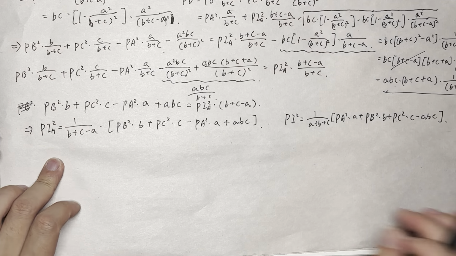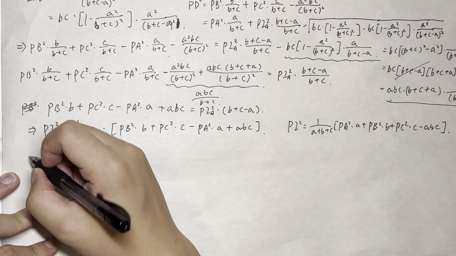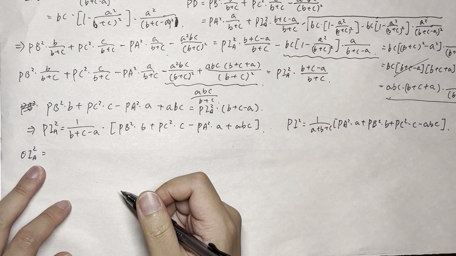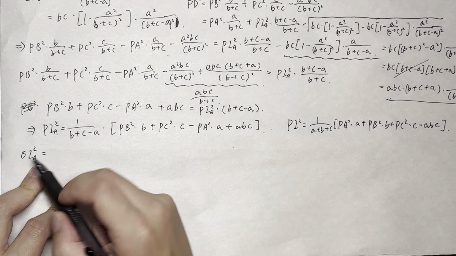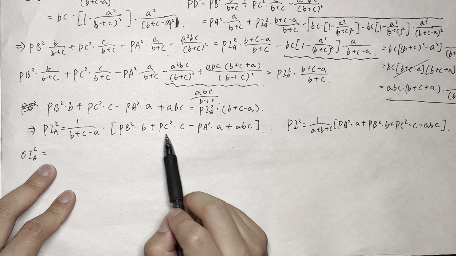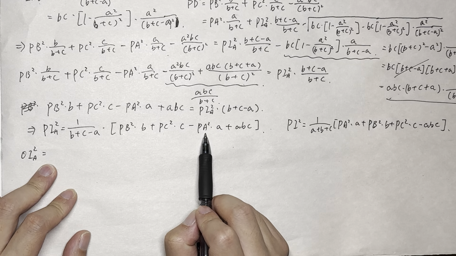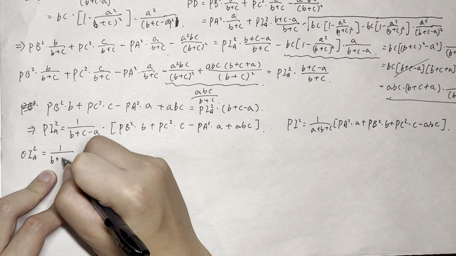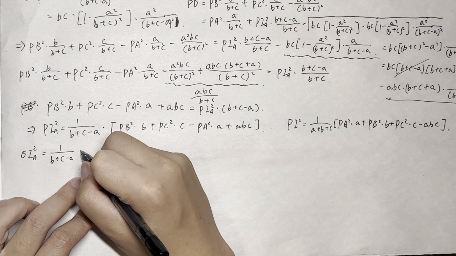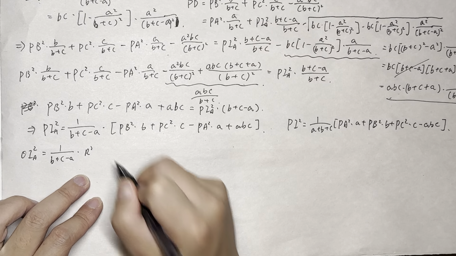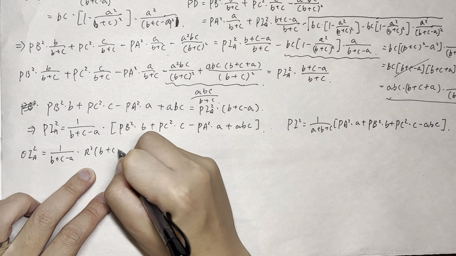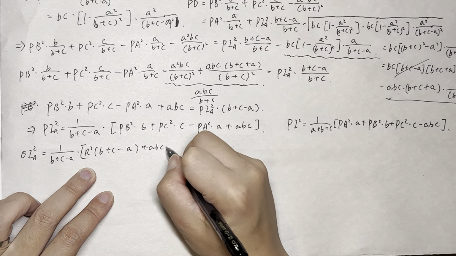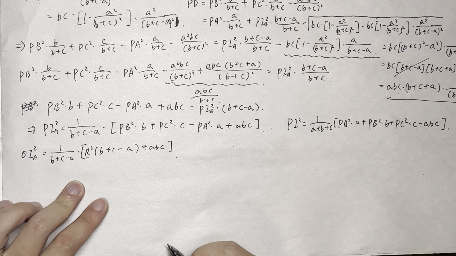Okay, now it's simple. For OIA squared, it equals, since OB, OC, OA are all R, 1 over B plus C minus A times R squared times B plus C minus A plus ABC, right?